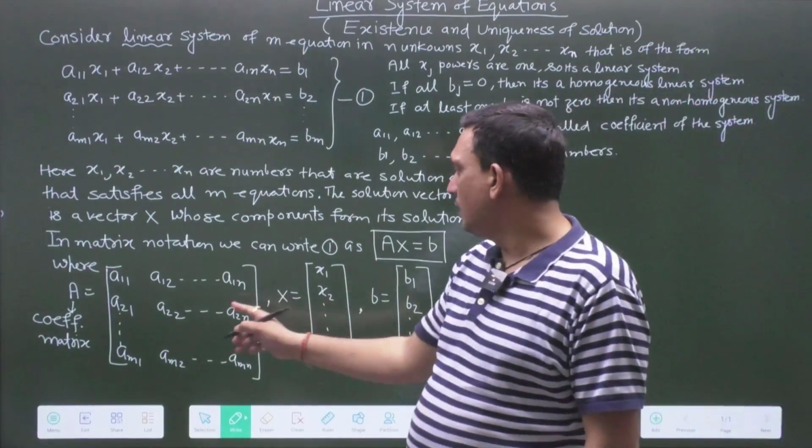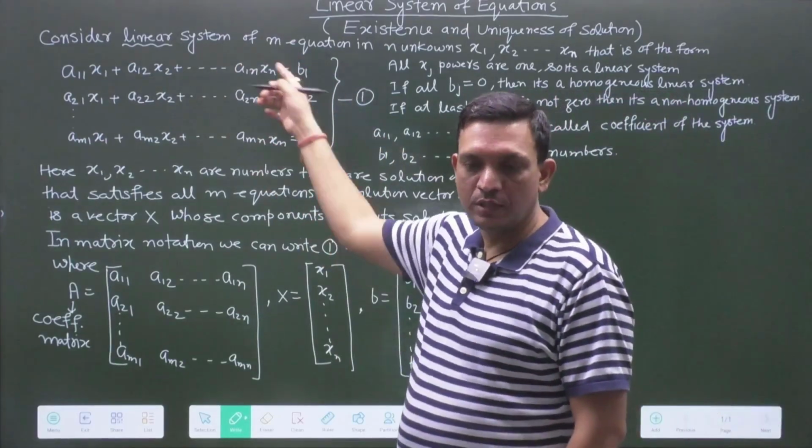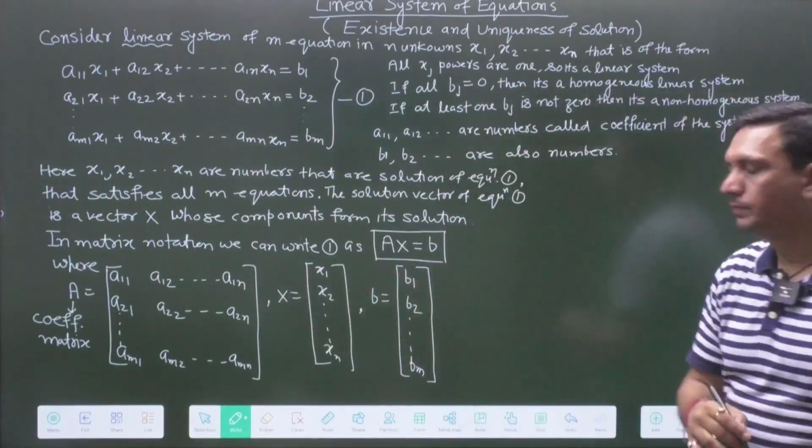So you can easily verify Ax = b. So equation 1 can be written in this form.